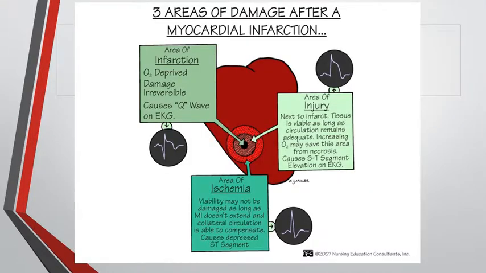So after you've had a heart attack, you've got an area of infarction, injury, and ischemia. And what each of those means is listed on this slide. So coronary artery disease is the most common form of heart disease, and it's also the most common cause of heart failure.